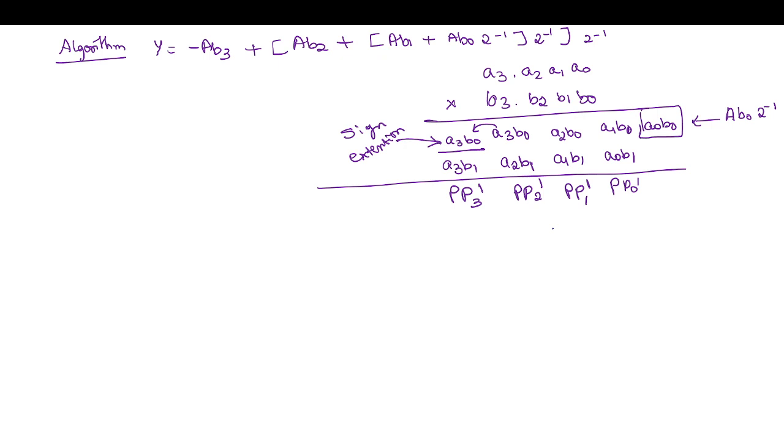Now if I multiply B2 with A, so A0 B2, A1 B2, A2 B2, A3 B2. Now here again I have to perform the sign extension, partial product 3.